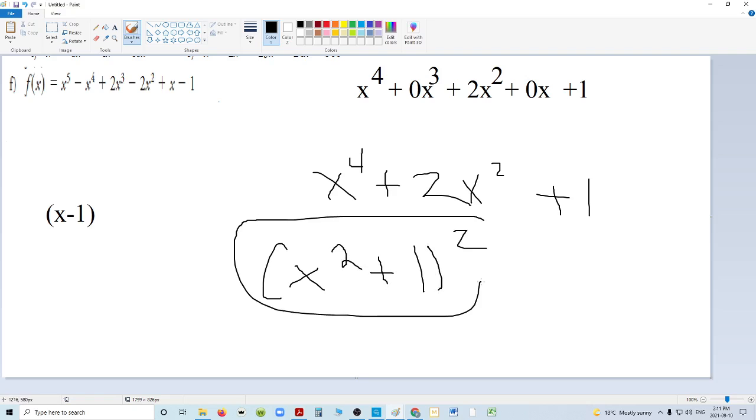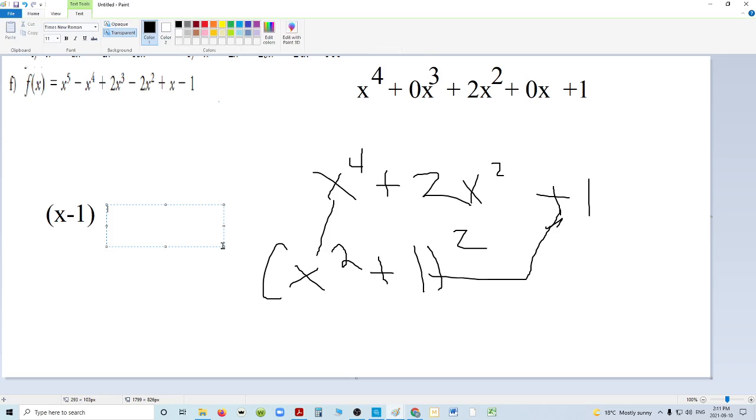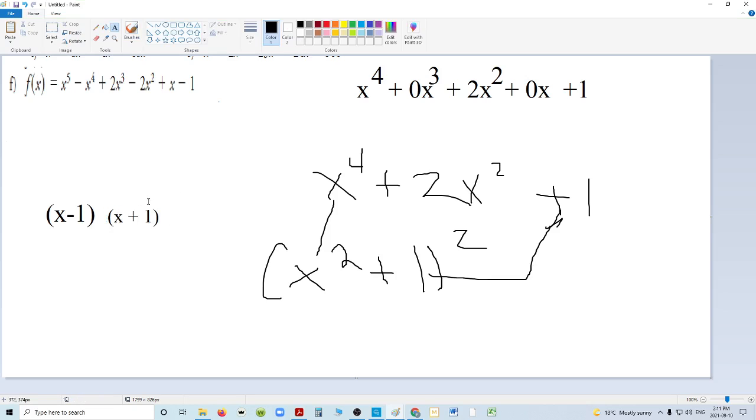When I expand this, I get x to the 4 plus 1 plus 2 times x squared times 1, which is 2x squared. So this is what I'm left with, I believe. This one I might verify. (x squared plus 1) squared times itself.